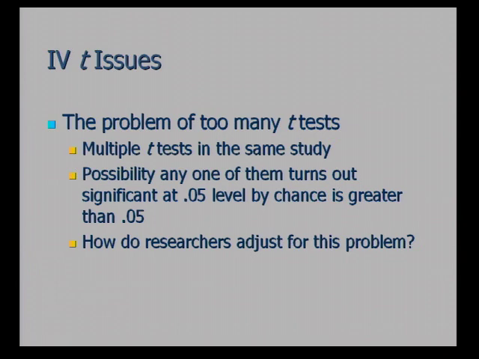Now, there are some issues with the t-test. It's not perfect. There's a problem because we put the cutoff at 0.05, which is pretty much agreed on, or 0.01, which is a little bit more conservative, and you look up that number in your t-table. This assumes that you're only doing one t-test.